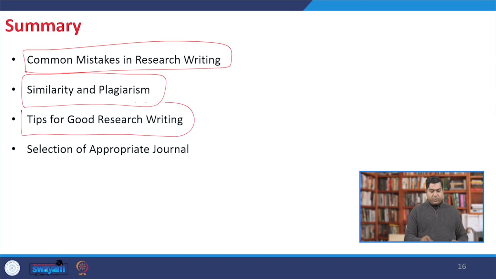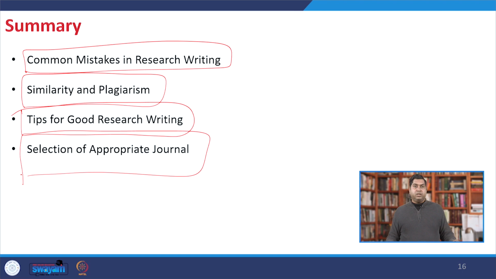Then tips for good research writing; these are a few very common tips that I witness, or that I practice telling my students to follow. There might be other points that you can also mention in the forum. Then the selection of an appropriate journal where we can submit our research, and then this is the process.